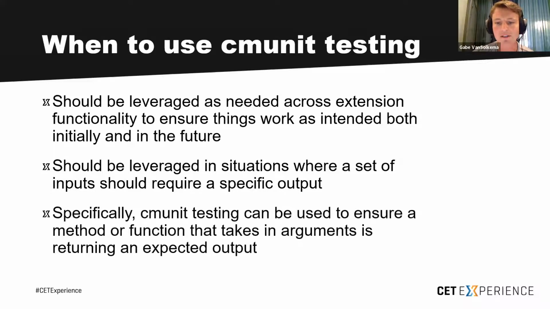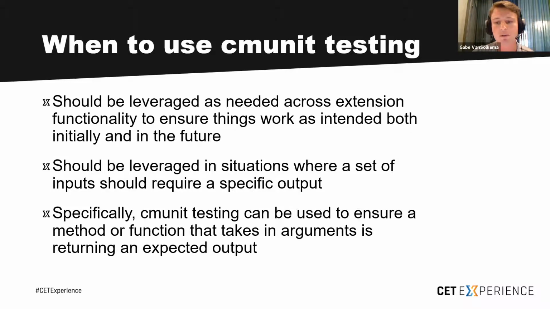And CM unit testing can be used to ensure that a method or a function that takes an argument is returning an expected output. Obviously we all know how methods or functions work. You have arguments that you take in, it does a bunch of work, and then it might return something.